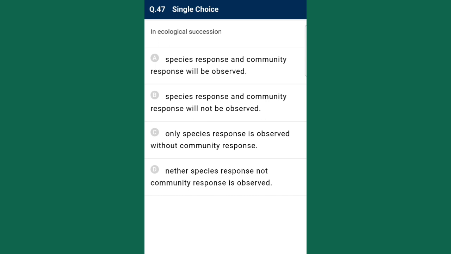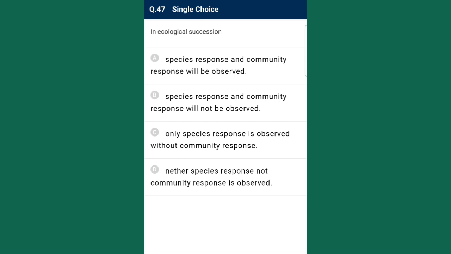Question number 47. In ecological succession, primary succession means the development of communities only on newly exposed habitat with no record of earlier vegetation. An important characteristic of all communities is that composition and structure constantly change in response to changing environmental conditions.